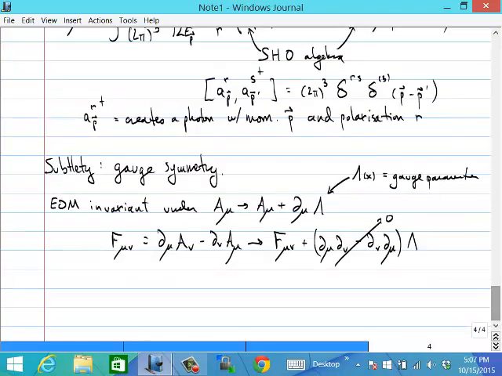Just as a sanity check, one can also study how the action transforms under such a gauge transformation. Now, what was the action? It was minus a quarter F squared, F was invariant, plus j^mu times A_mu. So that's j^mu d_mu lambda.